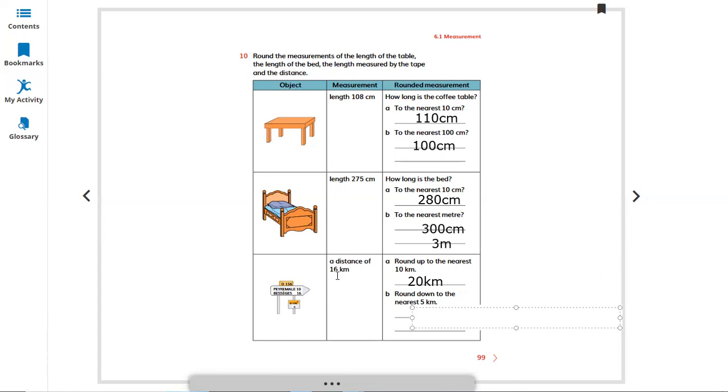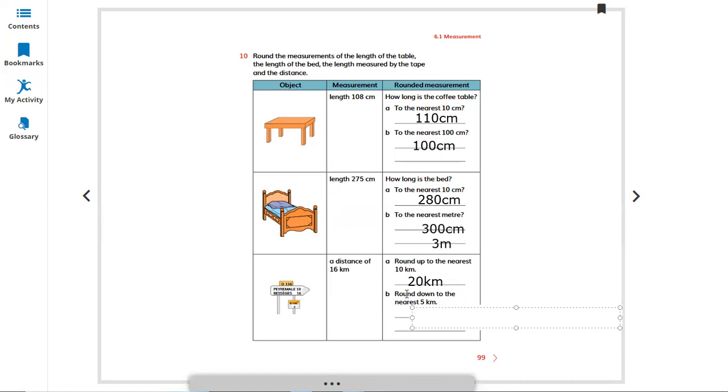Nearest to 5 kilometer, so you can see it's not bigger than 5. It's 16, and we are talking about 5 kilometers, so our answer should come in multiples of 5. Like if it is 4, our answer is 5. If it is 1, 2, our answer is 0. If it is 6, 7, our answer is 5. If it is 9 or 8.5, more than 8.5, it's 10.